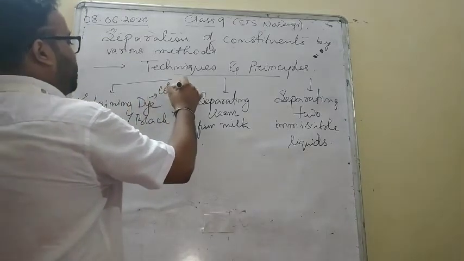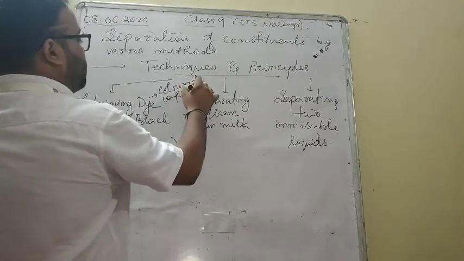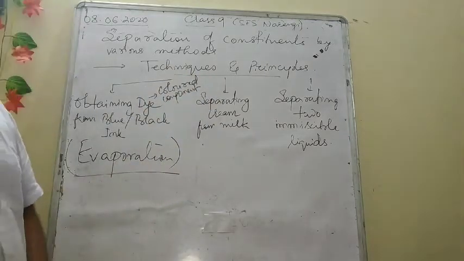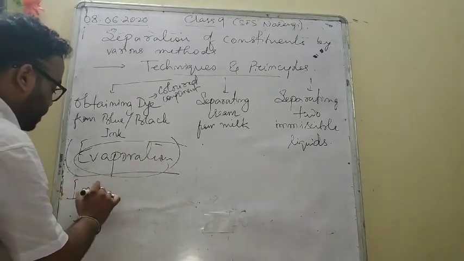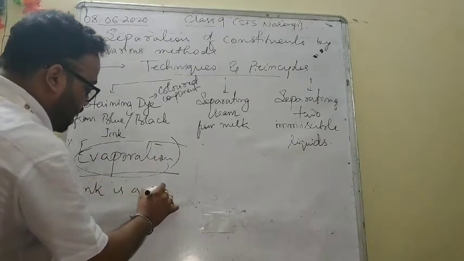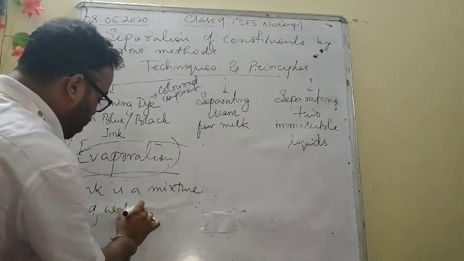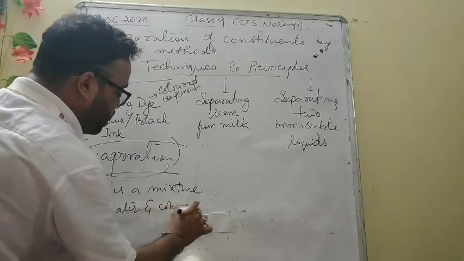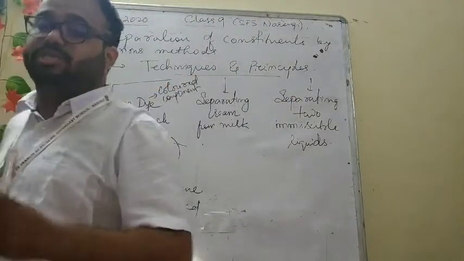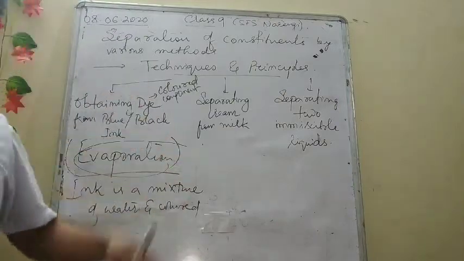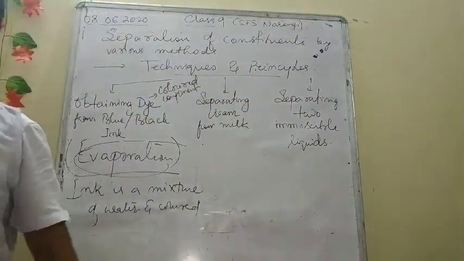Dye is nothing but the colored component. Now why do you use evaporation? Ink is a mixture of water and the colored component. So on evaporation, the water evaporates and the colored component, the dye, is left behind.